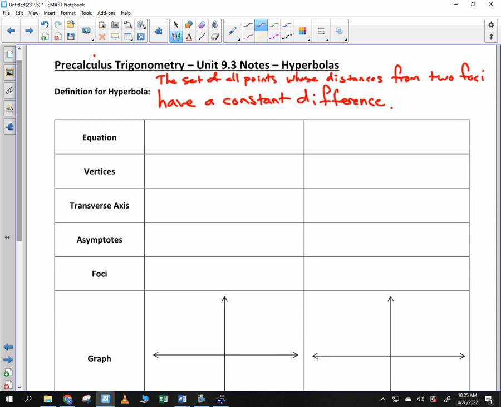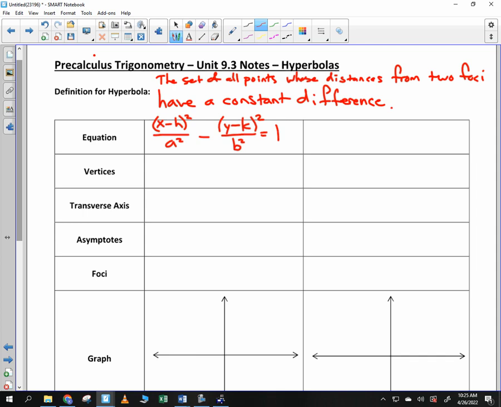So the equation is going to look very familiar to you. X minus h, quantity squared, over a squared, minus y minus k, quantity squared, over b squared, equal to 1. The difference is we have subtraction. Identical to an ellipse, except we have subtraction.